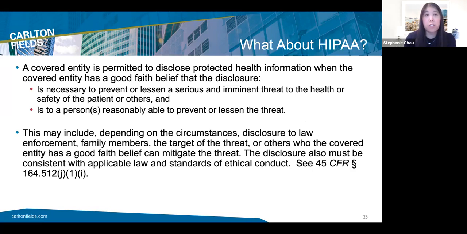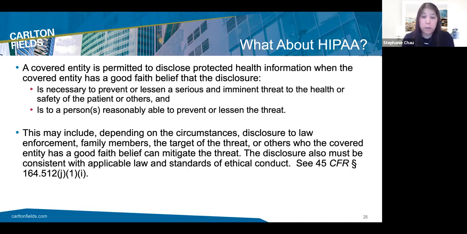And that's another example of where HIPAA could allow for potential disclosure, because that specific section requires disclosure and an opportunity to object.